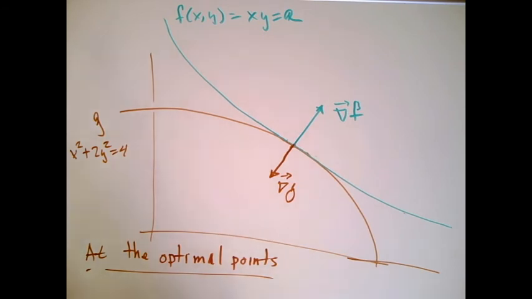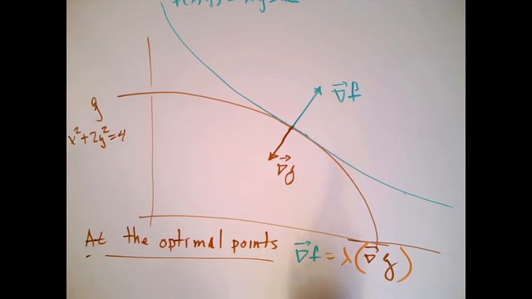We have the gradient of f, which is that green vector, has to be parallel to the gradient of g. Now, writing that they're parallel doesn't help, but what we can do is remember that two vectors are parallel if one's a scalar multiple of the other. And so what we're going to do is write down that the gradient of f is some scalar times the gradient of g.